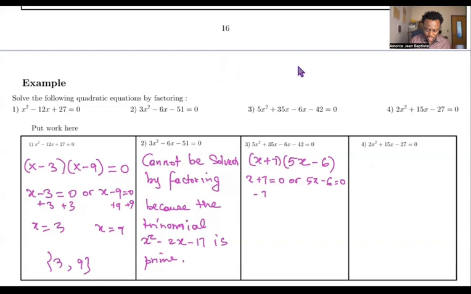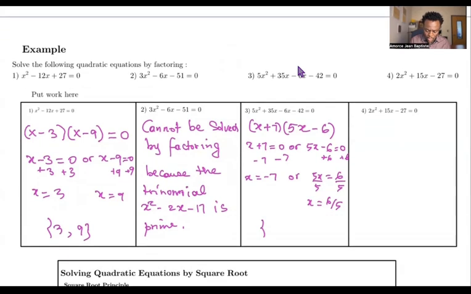So subtract 7, x equals negative 7, or add 6, 5x equals 6, divide by 5, x equals 6/5, and the solution set is negative 7, 6/5.